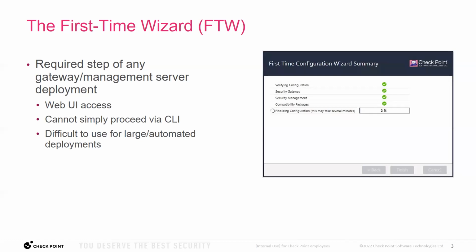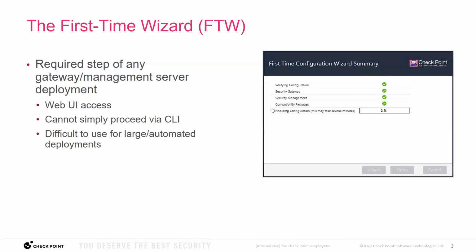This is a required interactive web-based wizard that you have to move through in order to complete the config and then actually get to the real work, which is configuring interfaces and setting up other sorts of policies and so on. And this wizard has actually been around for about 10 years, since R75.40, but was likely in development before even then. And so it's been around for long enough for us to at least expect to see it.